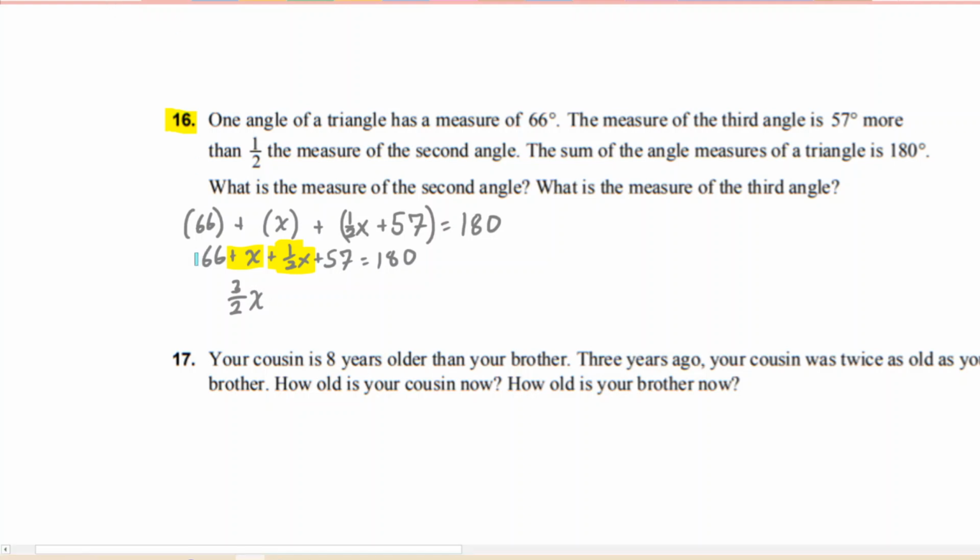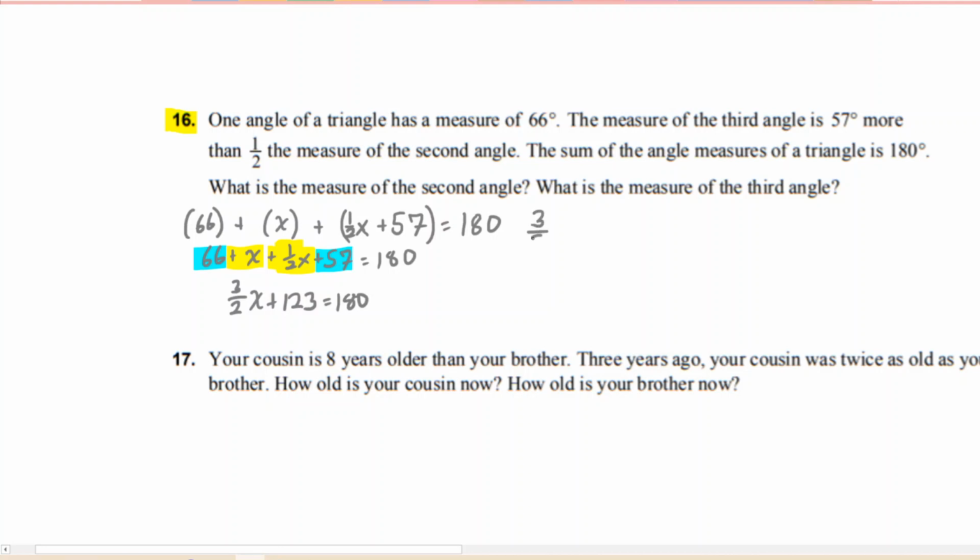And then for the constant terms, I have a positive 66 and a positive 57. So how much is that? Well, that's 123. So this puts me in the form that I like best: constant or coefficient multiplied by variable plus constant equals another constant. So we're going to do pretty much the exact same thing that we always do.